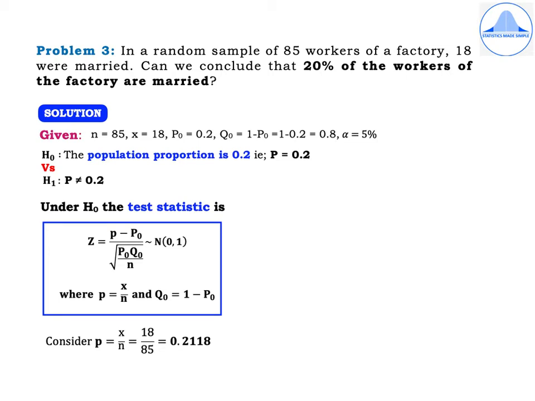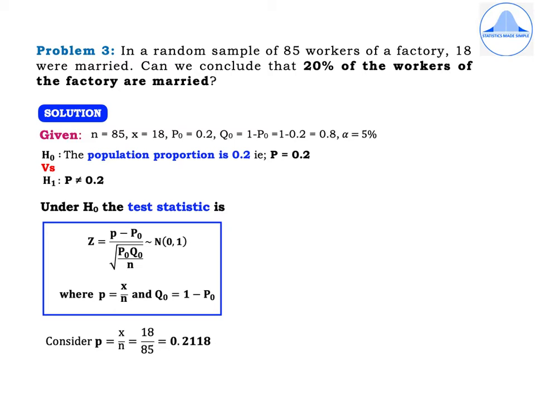So please be very careful with the notation. Small p stands for the sample proportion, which has the formula small x by small n, and capital P naught stands for the population proportion. Now write the formula for small p, which is small x by n, which is 18 by 85.